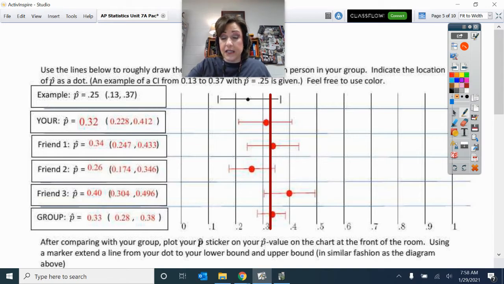So if you notice, this bottom interval looks a tad bit different from the others. What is interesting about this interval? I can graphically see, and if we had a whole bunch of them, it'd be even more obvious, it is narrower and skinnier than the others. So it definitely has a smaller margin of error.